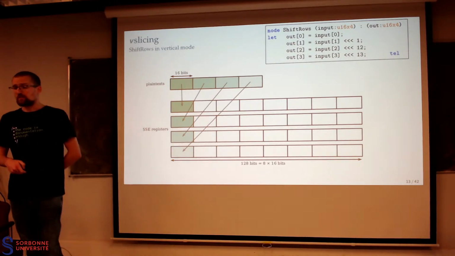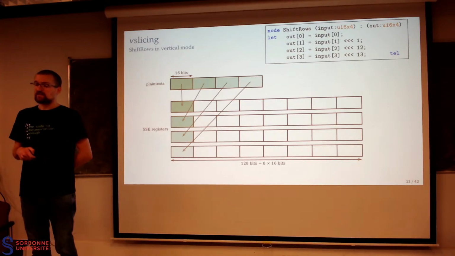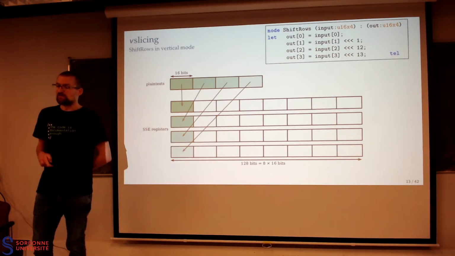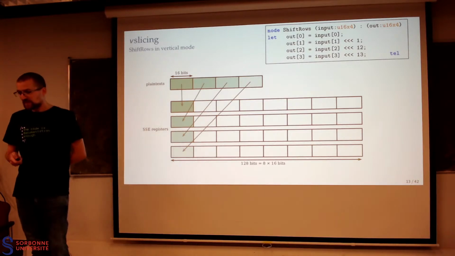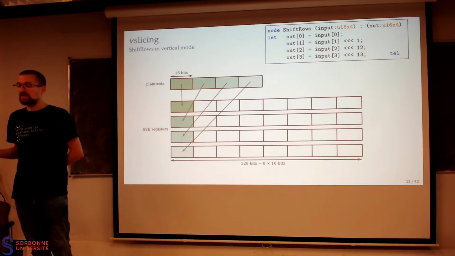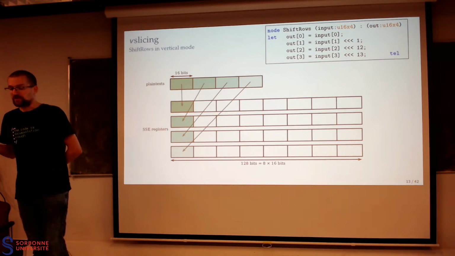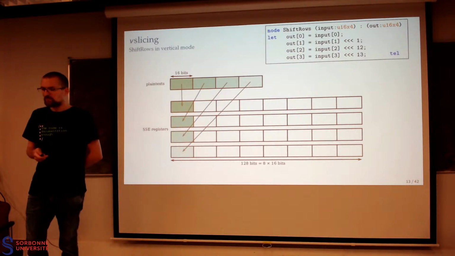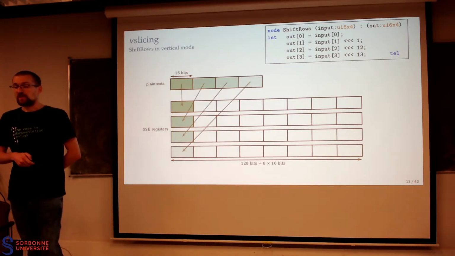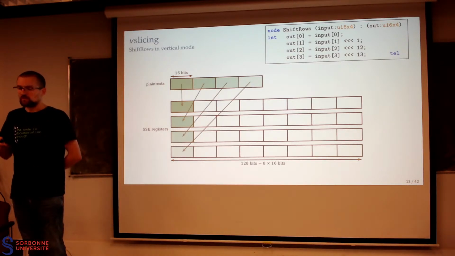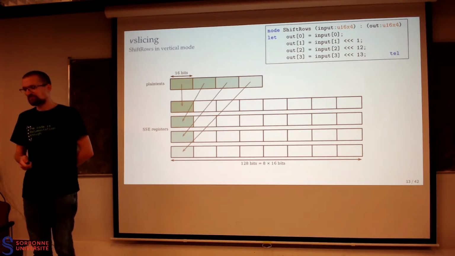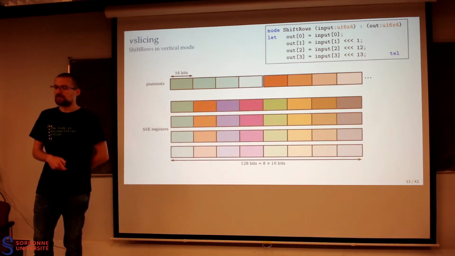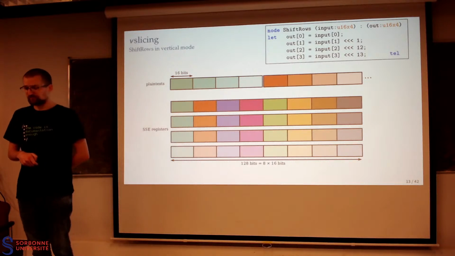This time, the input of Rectangle is seen as 4 times 16 bits rather than just 64 times 1 bit, and each of those 16-bit rows is put in a different register. If we consider SSE registers, for instance, there are some empty bits in the registers which we can use to store subsequent independent inputs in the same fashion as bitslicing. Here, we would be able to store 8 independent inputs.